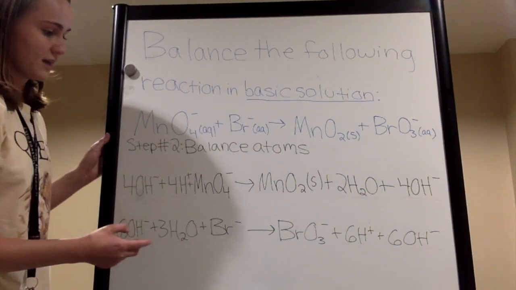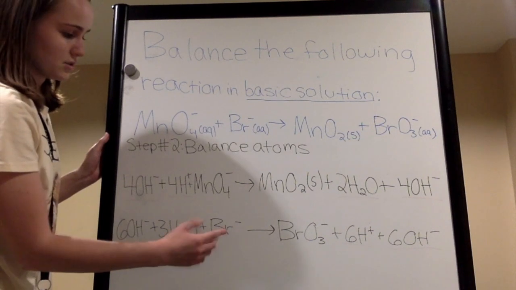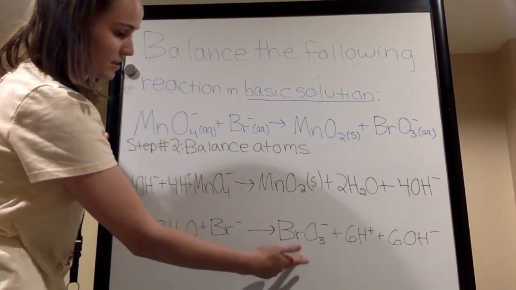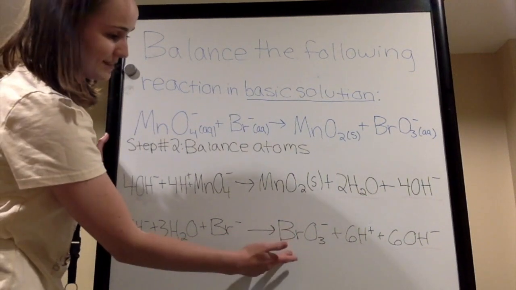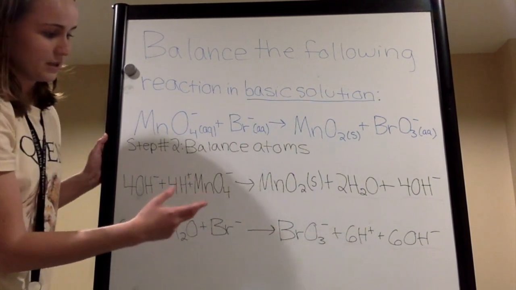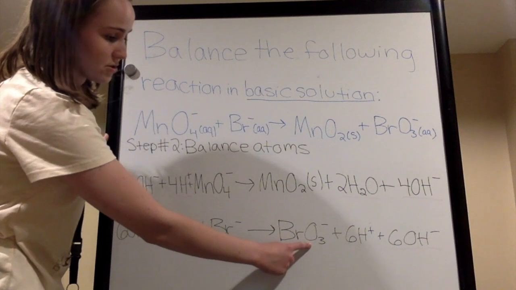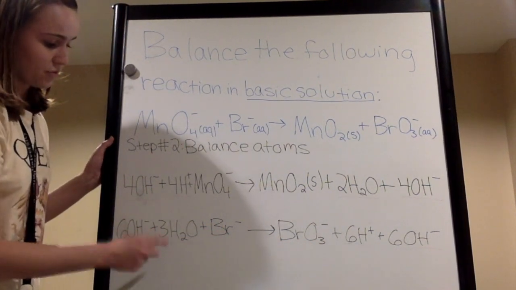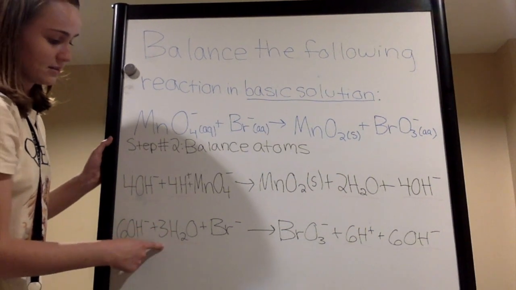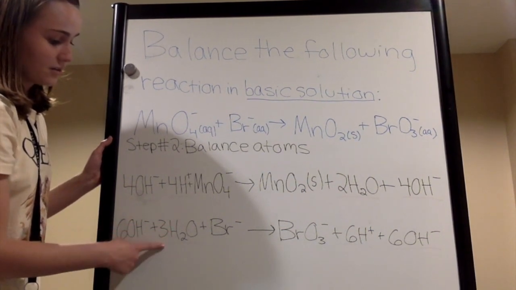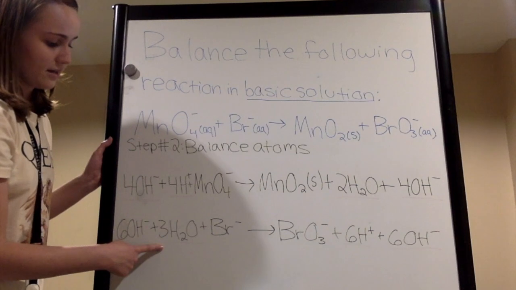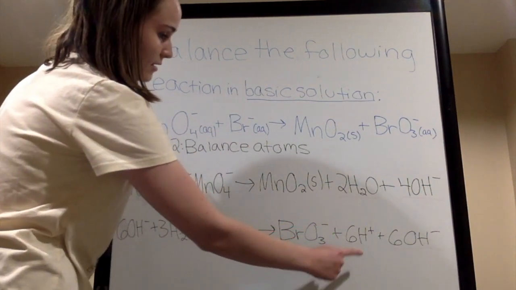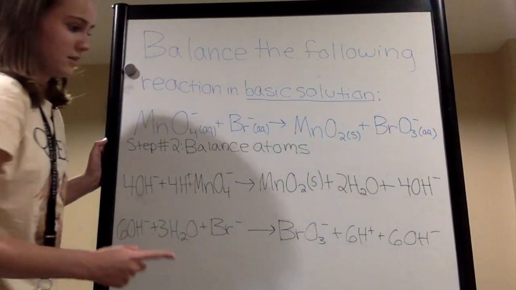For the second half reaction, which is Br anion yields the bromate anion, we see that we have 3 extra oxygens on this side of the half reaction, so we have to add 3 waters to the reactant side. Adding 3 waters to the reactant side means we have to add 6 hydronium ions to the product side.